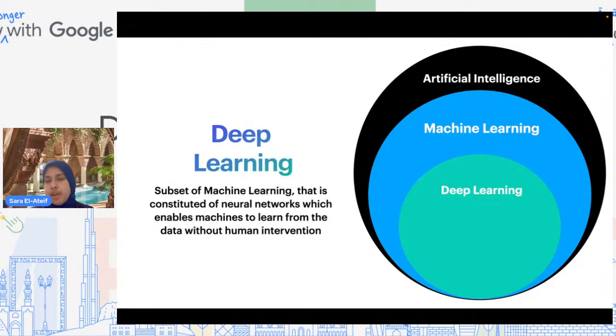We humans have neurons in our brain that light up and transmit synapses, or you can think of them as electrical signals, from one neuron to another. That's kind of how deep learning was developed. The aim is for us to give it data and for it to learn from that data, without having us humans introduced into the pipeline.